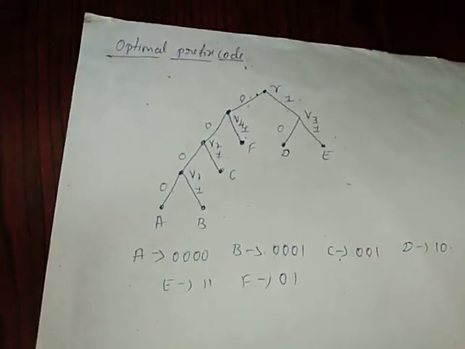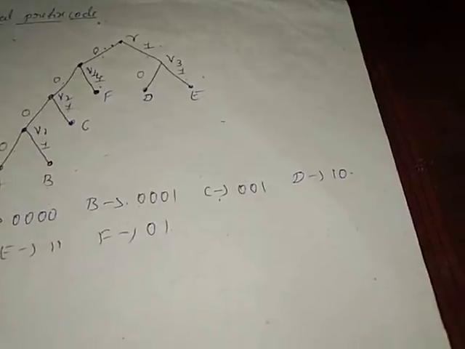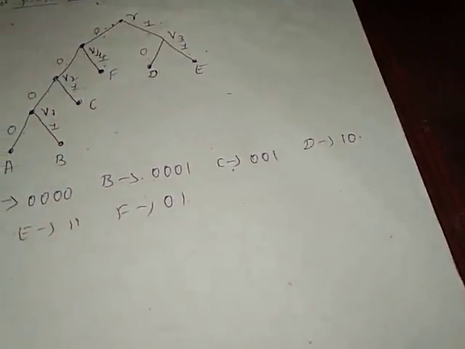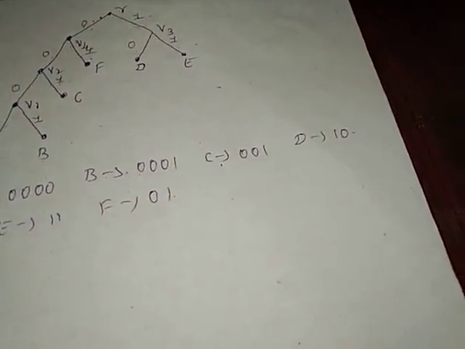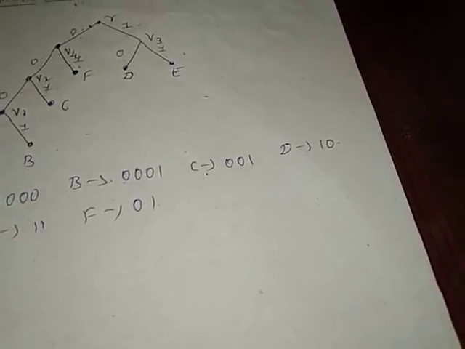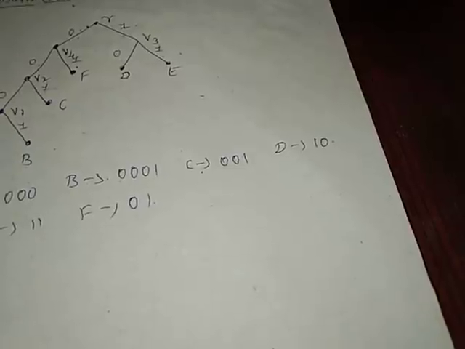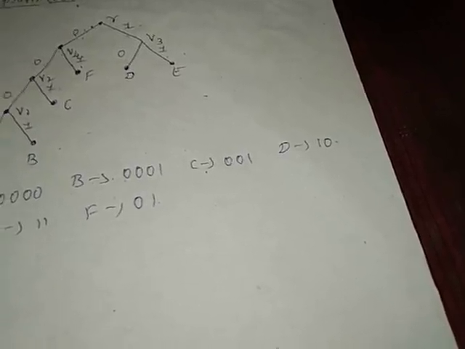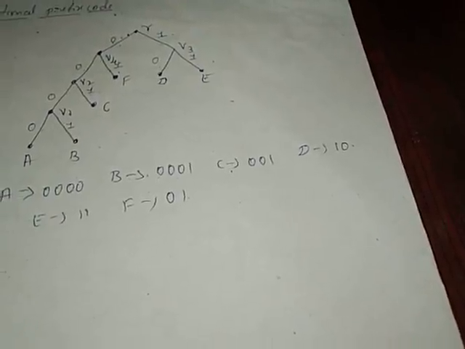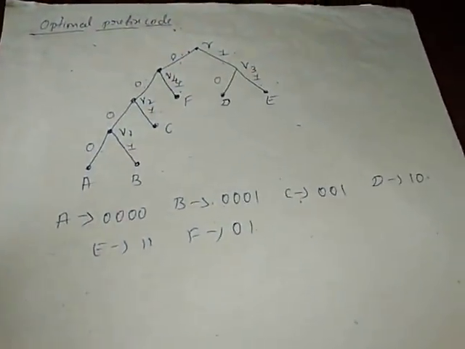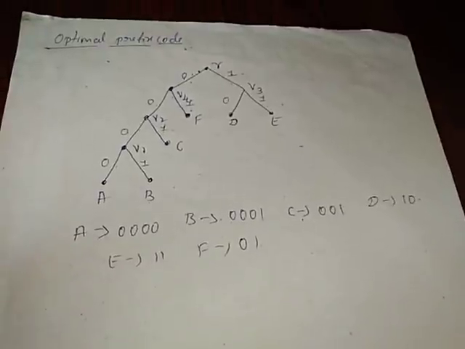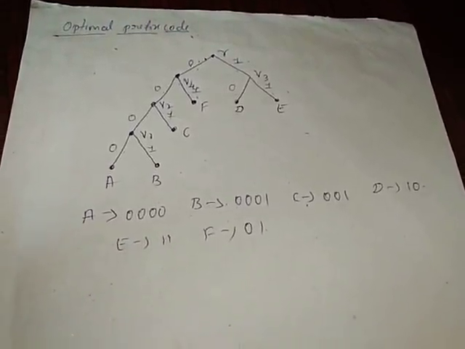That is how to find out the prefix code for the optimal tree. So the binary sequence through which the leaves are identified yields a prefix code for the symbols representing these leaves. So these prefix codes will be called optimal prefix codes. Is it clear? Optimal prefix code.